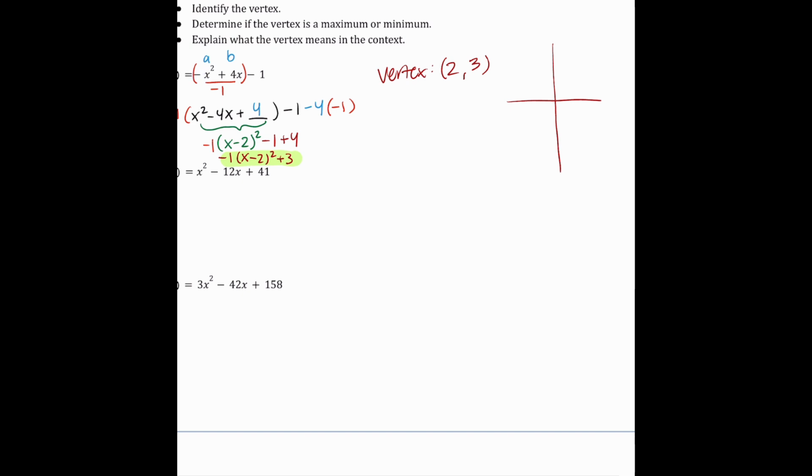If I graph my vertex, here's 2, 1, 2, 3. We know that our function is going to look something like this if I sketch it. So this right here would be my max. So at 2 seconds, the coaster would be at a height of 3 feet.